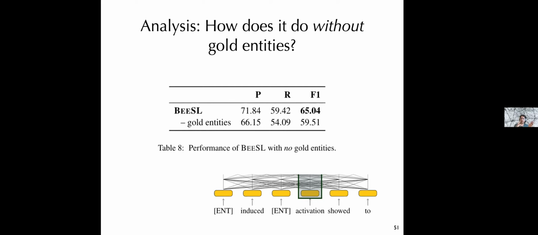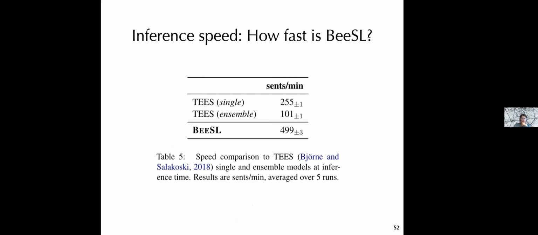Since we have one system which does it all in one go, we could test how good we are doing when we don't have this information at hand. And then finally, we also did the comparison to the best freely available system, which was based on the pipeline. We could see that we could really get a much faster system, even though there is the big model behind it.